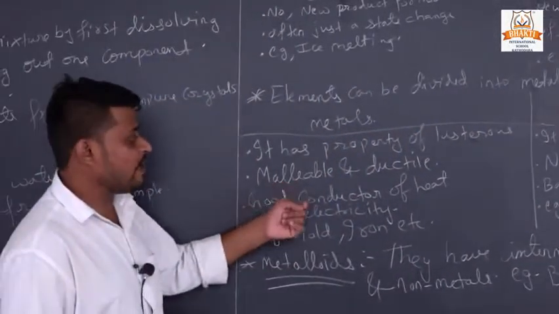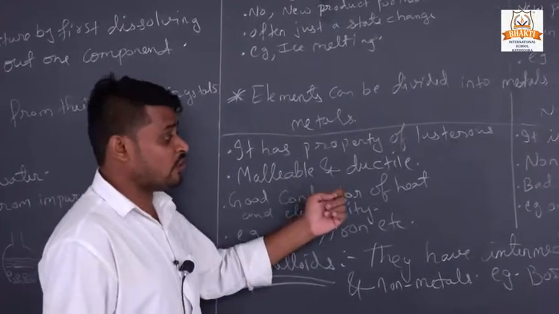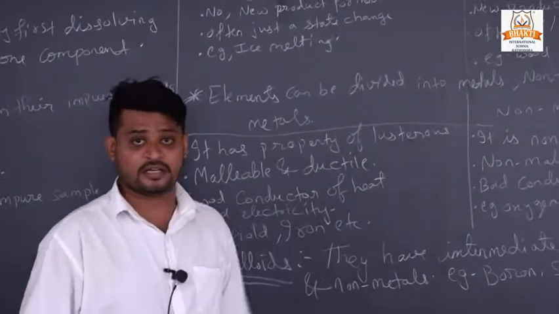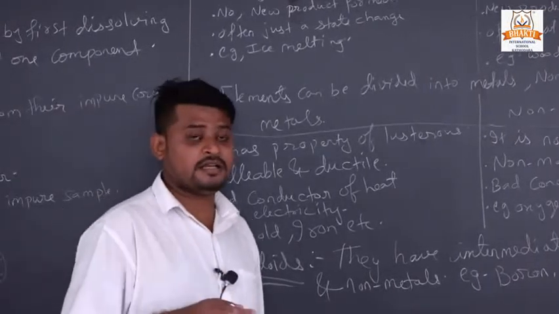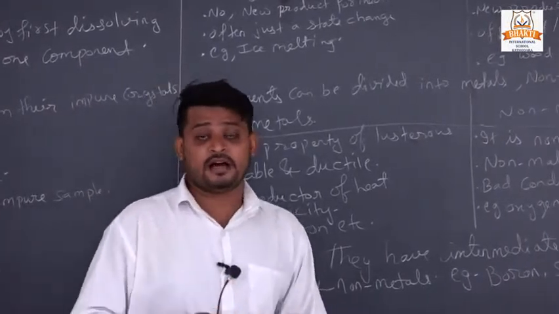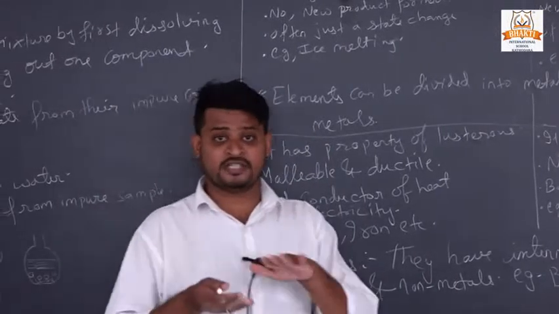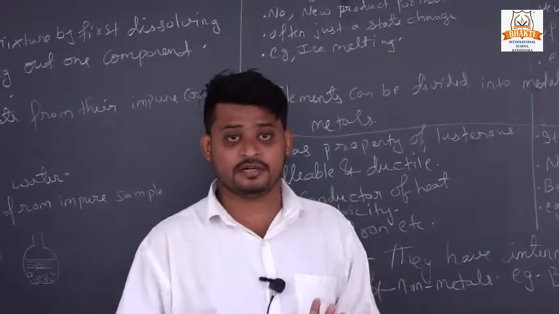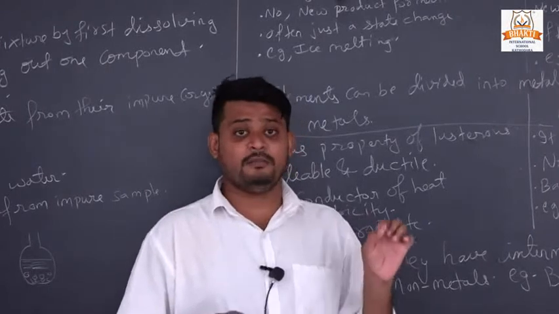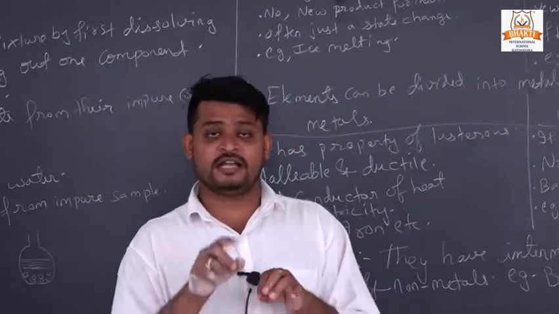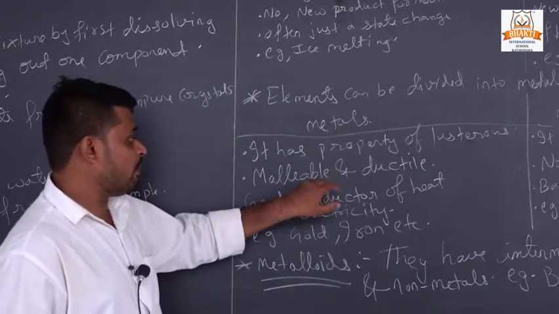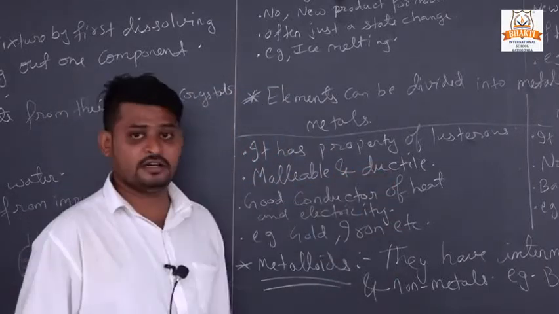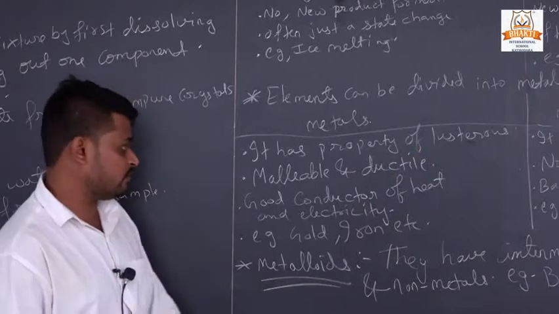A metal is malleable and ductile, but a non-metal is neither malleable nor ductile. What is the meaning of malleable and ductile? Malleability is the property of a metal to be converted into sheets. If a metal can be drawn into a wire, that is the property of ductility. So metals have malleability and ductility, but non-metals don't.